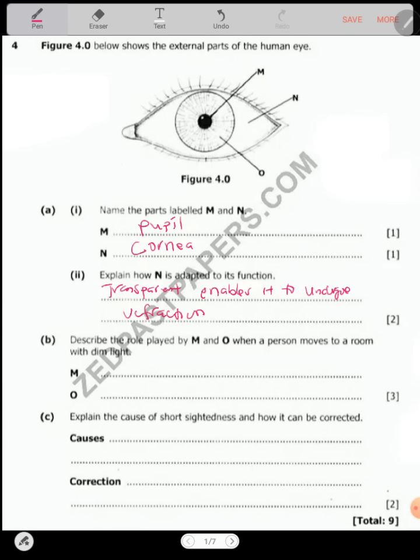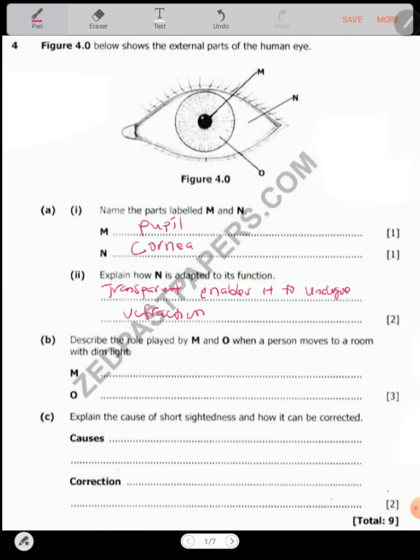Describe the role played by M and O when a person moves to a room with dim light. When you talk of dim light, you're talking of when light is low. So what happens to the pupil? Now also what happens to O? The O that we're talking about is the iris.